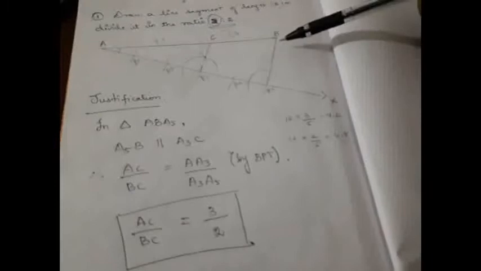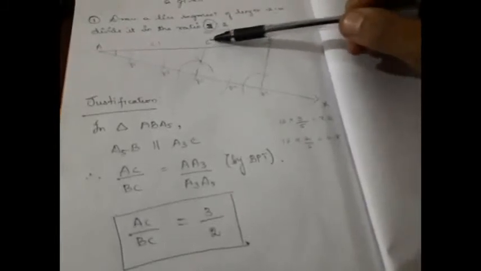In the brackets you can write 3 plus 2, which is equal to 5. Then name the points A1, A2, A3, A4, A5. Join A5B. Now at A3 draw a line A3C parallel to A5B, making the same angle.